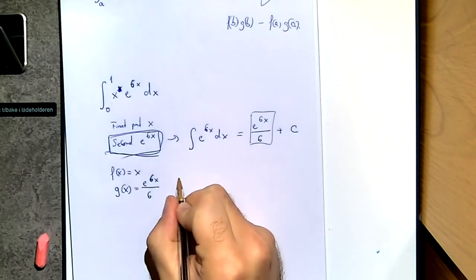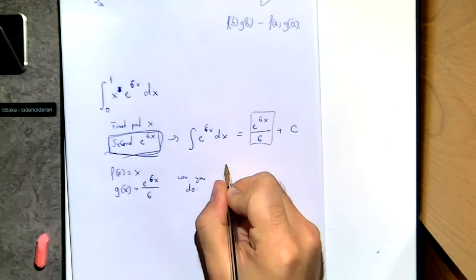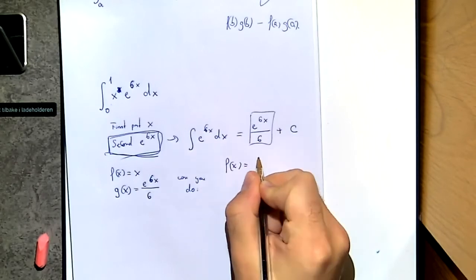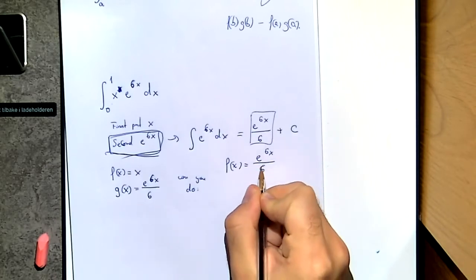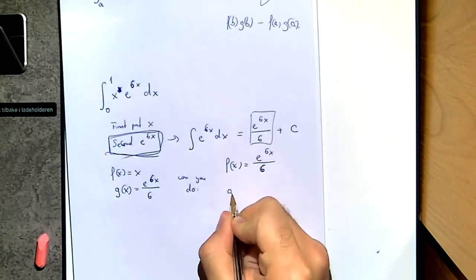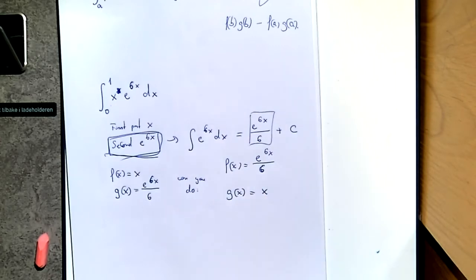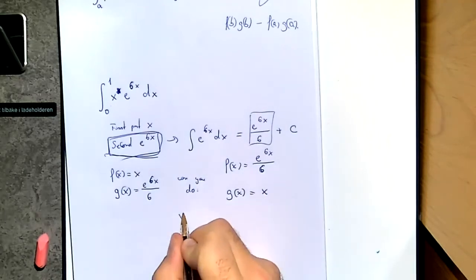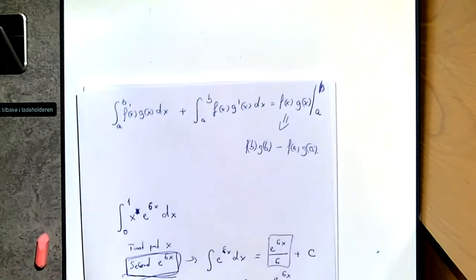Can you do this? f of x is equal to e to the 6x over 6, and g of x is equal to x. Answer, yes. Doesn't matter. Do it however you're comfortable with. The answer is going to be exactly the same.